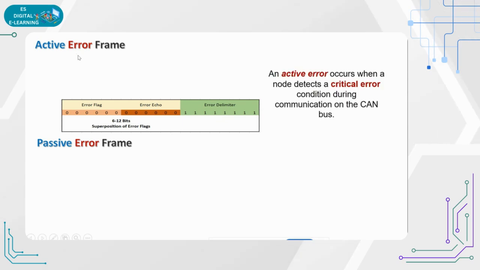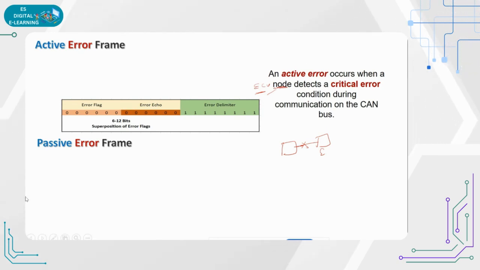So what is the purpose of the active error? An active error occurs when a node, here the node is our ECU, our microcontroller, detects a critical error, whether it is a sensor fault or a switch fault, during communication on the CAN bus. Whenever you start communicating with a device and you lose some communication on the network or miss one of the wires, you will get this active error.